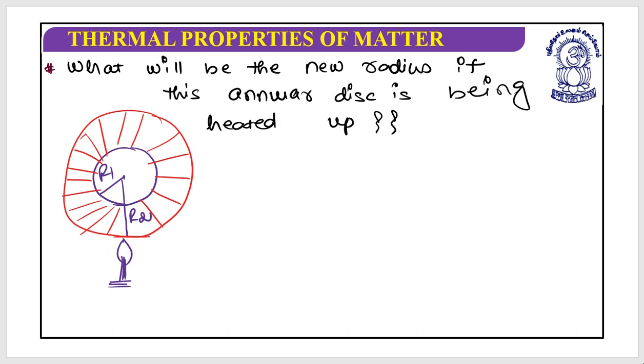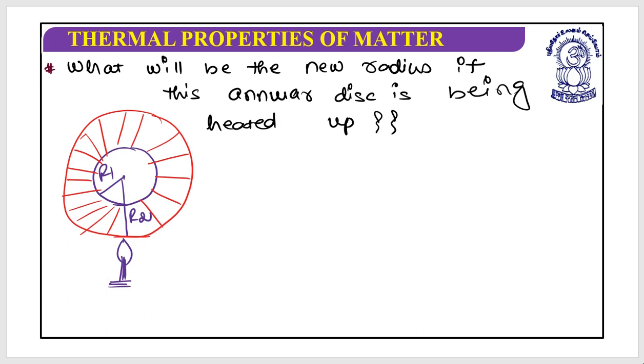So what happens? Which one will increase, R1 or R2, or both, or none? What do you think?